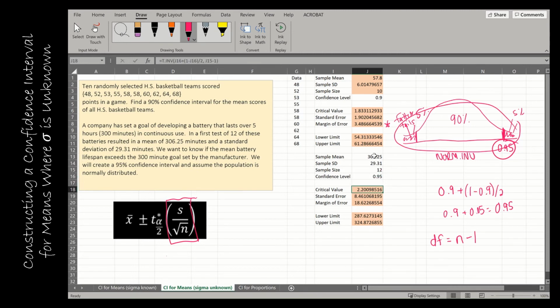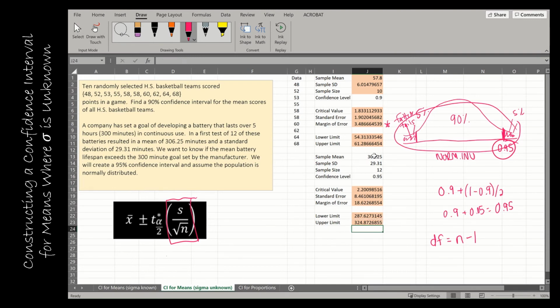I'm saying T inverse instead of norm inverse. Again, the degrees of freedom is sample size minus 1. And then standard error, I did it the same way I did the first example. Margin of error, just multiplying those two values together. And then lower limit and upper limit by taking the sample mean plus or minus the margin of error.